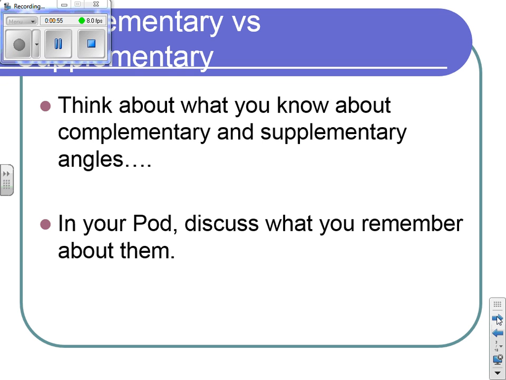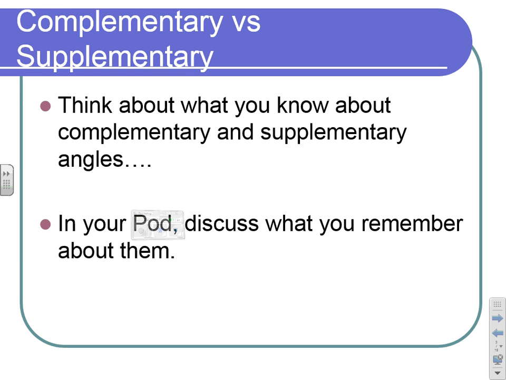All right, so the first thing we need to talk about is what it means to be complementary and what it means to be supplementary. Hopefully these are a little bit of review for you. The biggest thing is just making sure you remember what number goes with which word.